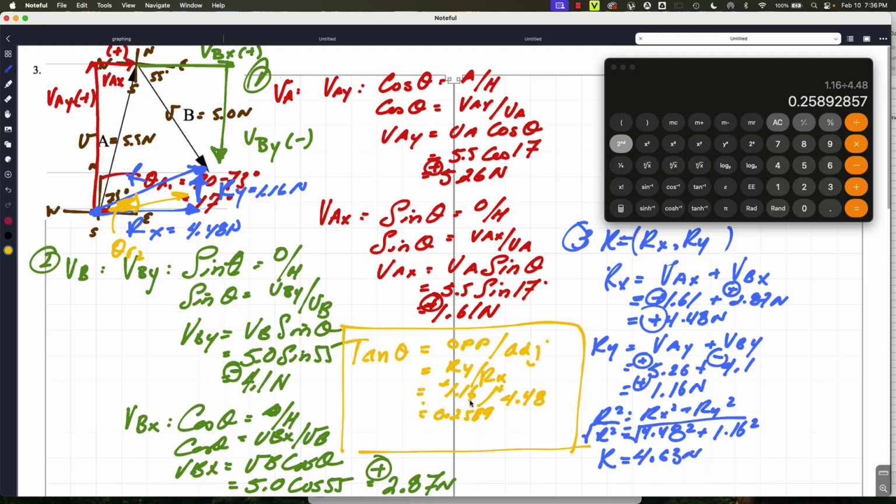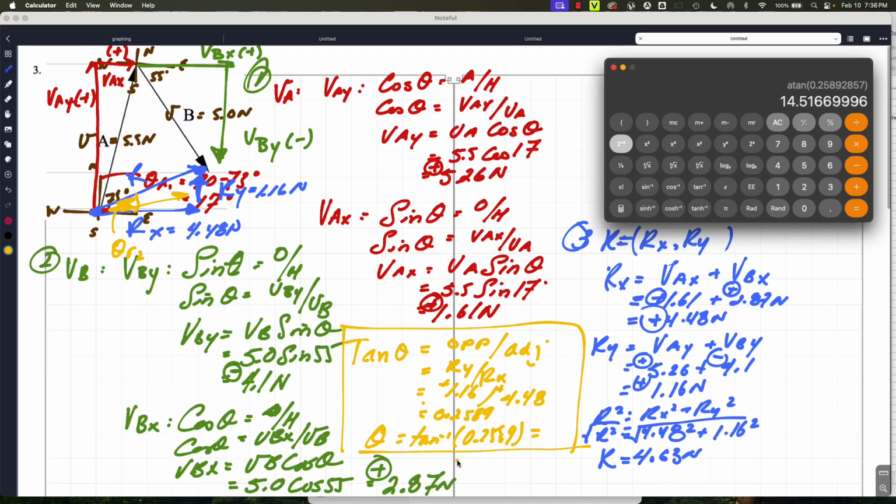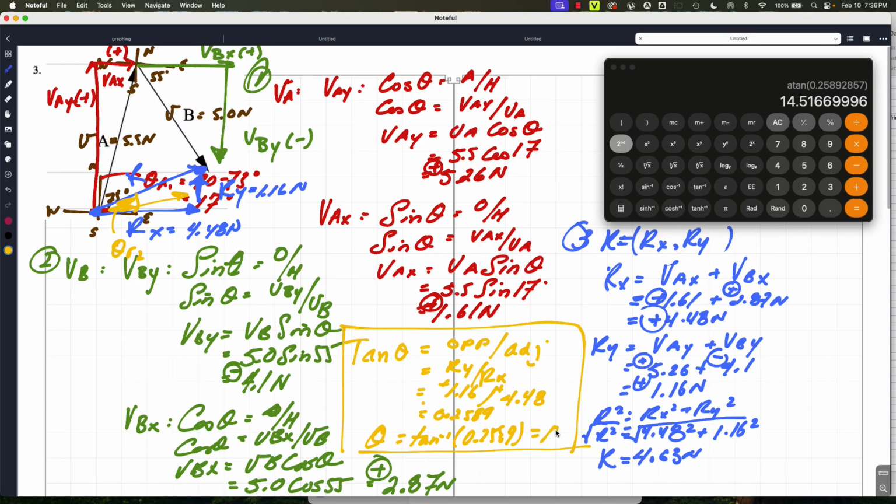0.2589 approximately. And if we take the arctan, theta equals tan exponent negative 1 of 0.2589. That makes it equal to 14.5 degrees. So that's step 4. Calculate the angle.